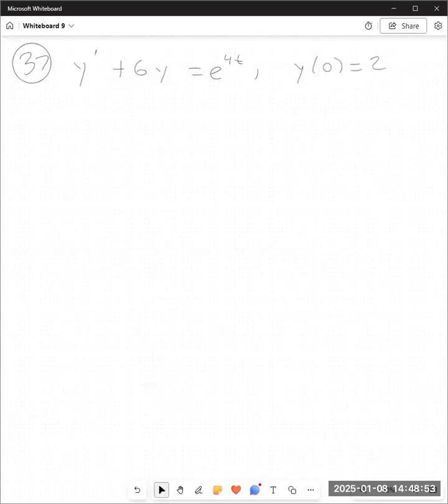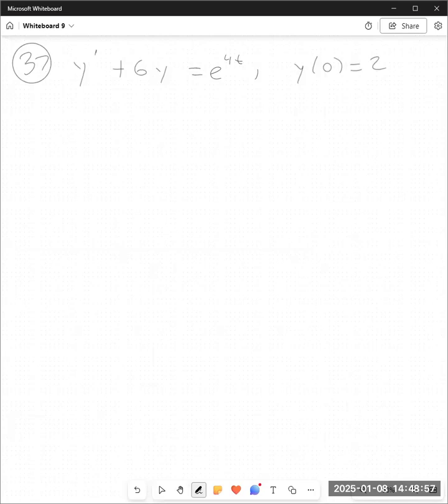Let's look at number 37 now. That is y prime plus 6y equals e to the 4t with y of 0 equal to 2.